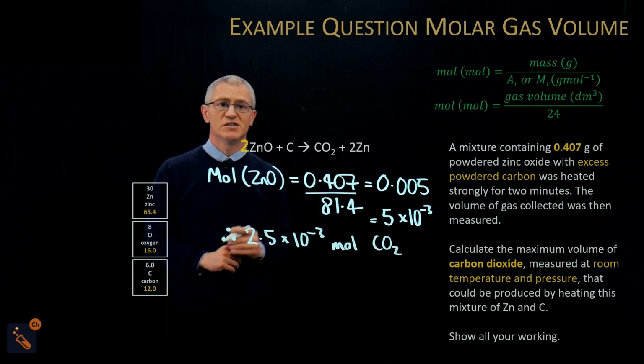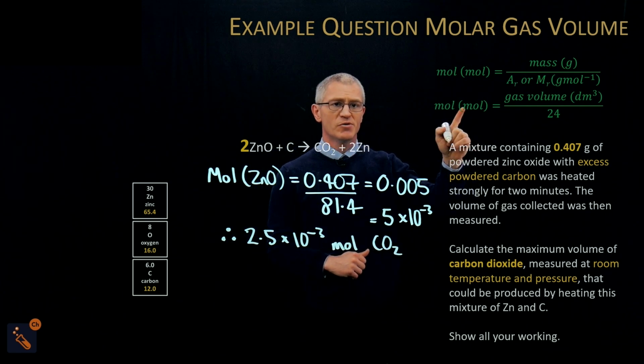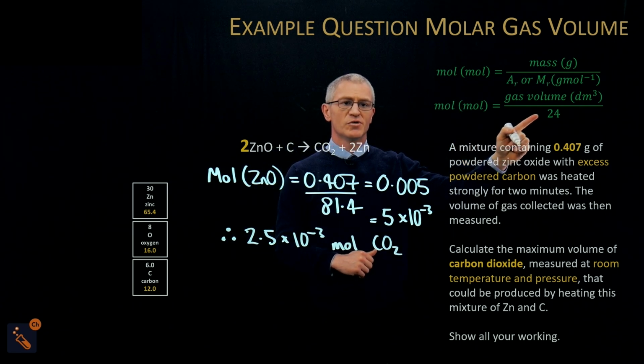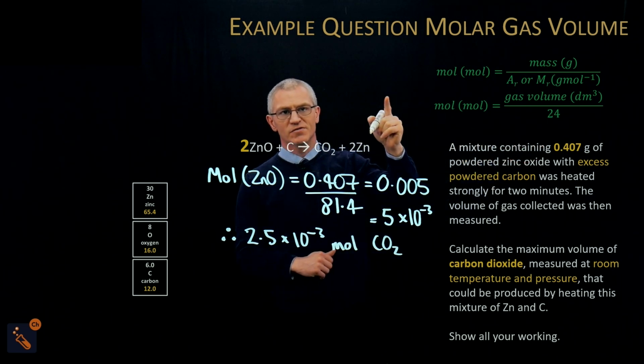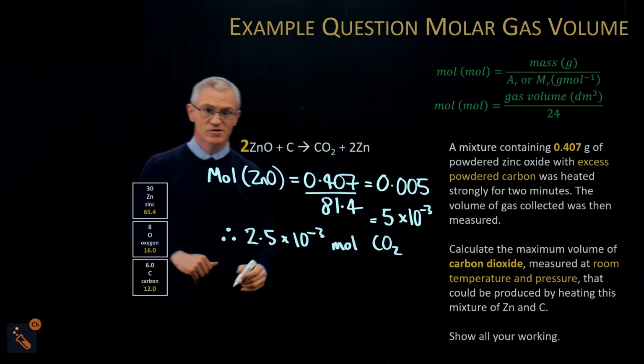So I found out my moles of CO2, and then I can use this equation up here and say, right, I've got my moles of CO2, and I know that 1 mole at room temperature and pressure is 24. So just rearrange that, bring the 24 up here: it'll be moles times 24, and that will equal my gas volume.